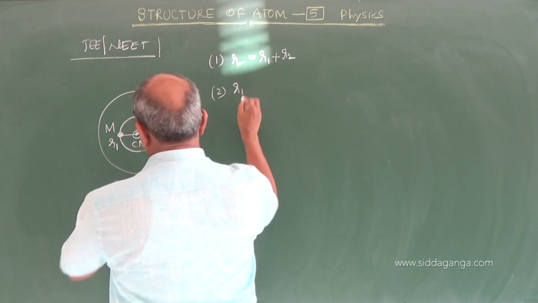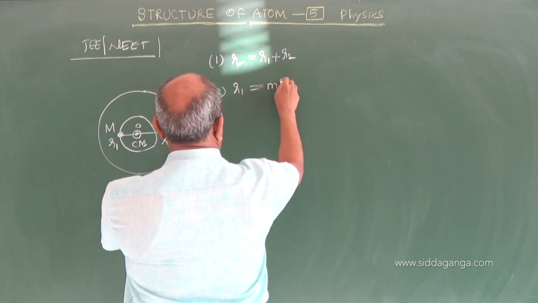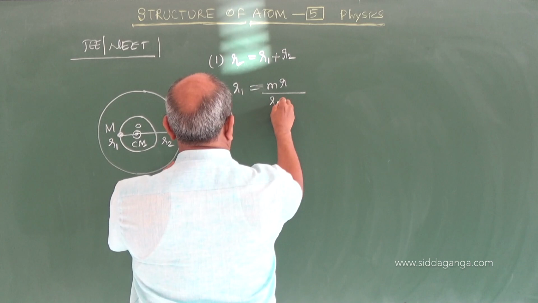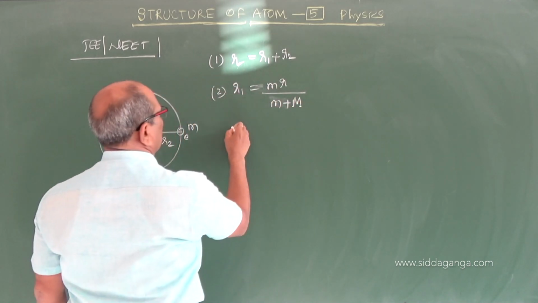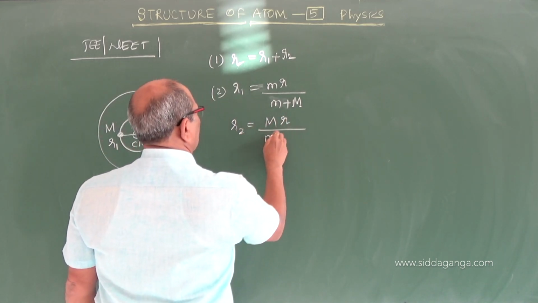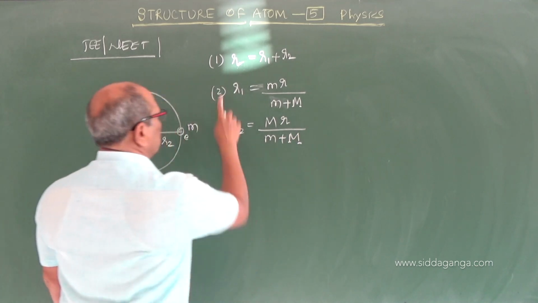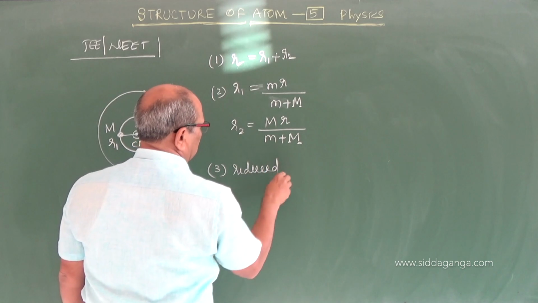So if you want r1, it is the mass of the other, m into r, divided by m plus capital M. Similarly, for r2, capital M into r by small m plus capital M. Simplifying this, you also get what is called the reduced mass of the system.